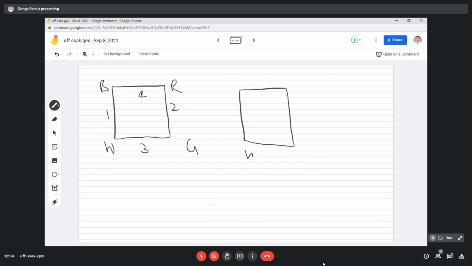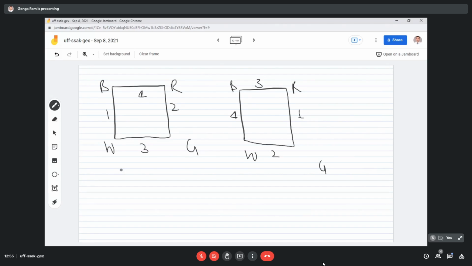Again W G R B, but in this case B and W, its label is 1, but in this case 4, then 1 3 2.